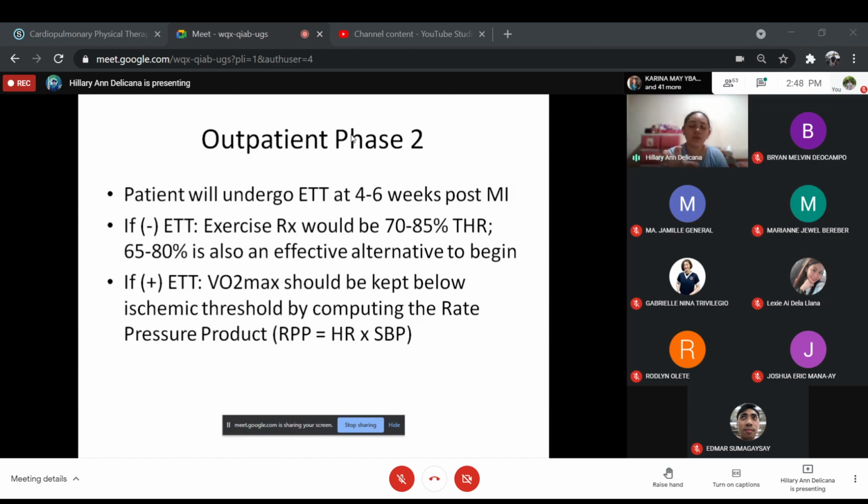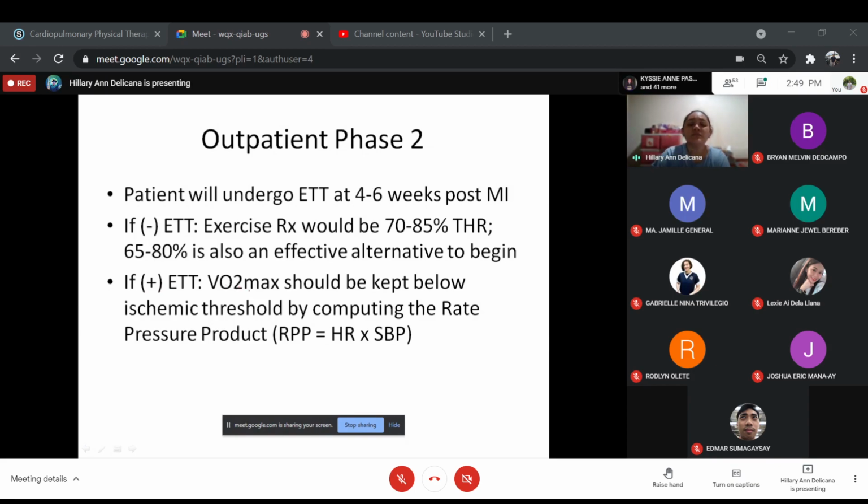Start at the lowest, 65 first, so that the patient is not strained, and the healed wound does not open. Okay?